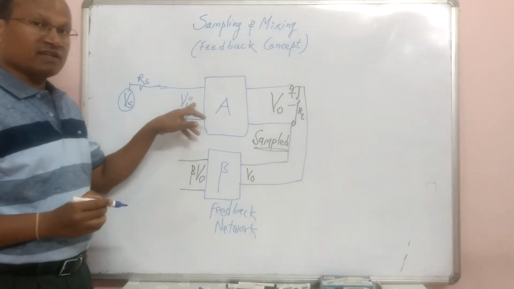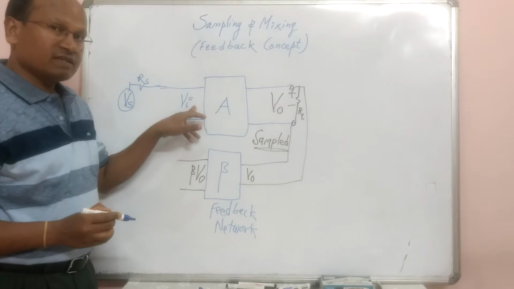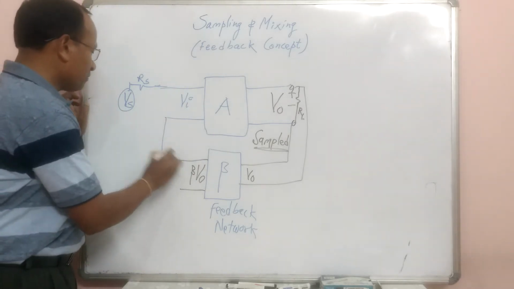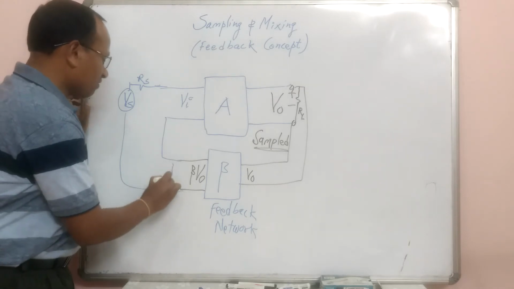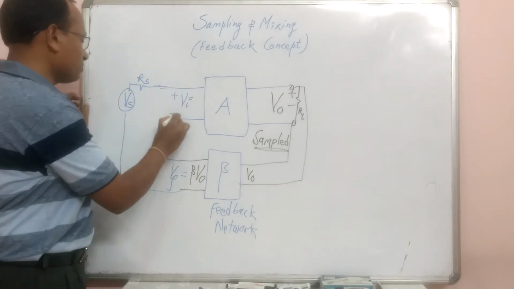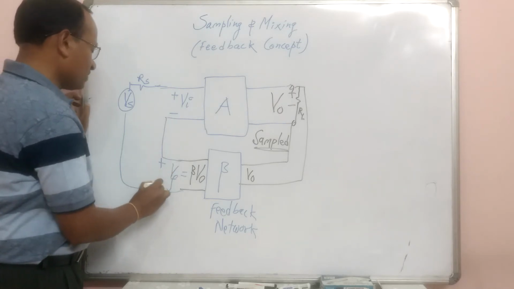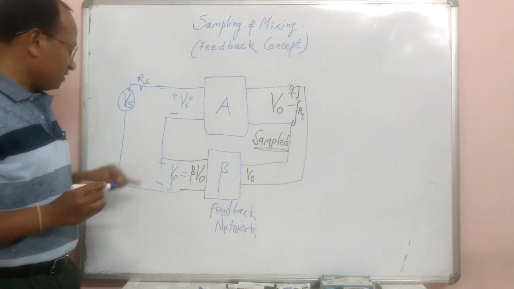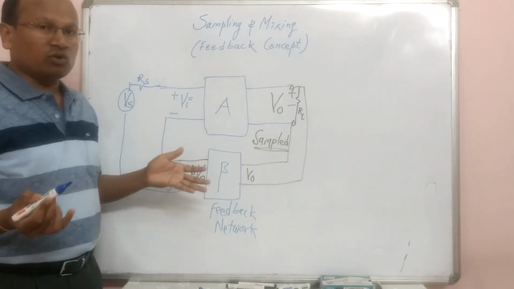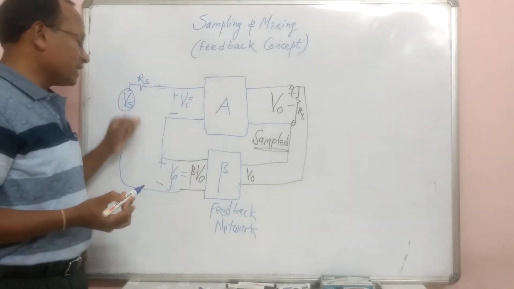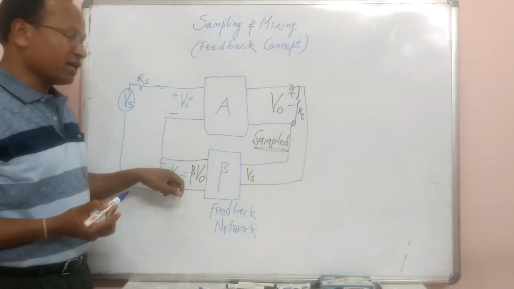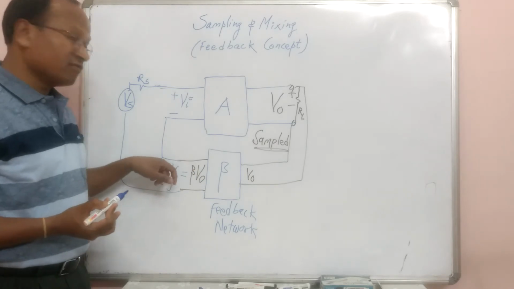Input voltage is here, which is sent to the amplifier. If I mix this feedback signal like this, plus minus, the mixing is in series, because in series voltages are added or mixed, and therefore we write this feedback signal as a voltage signal.